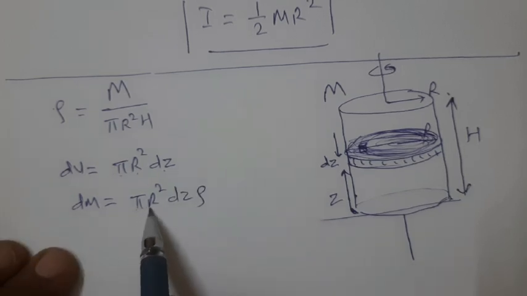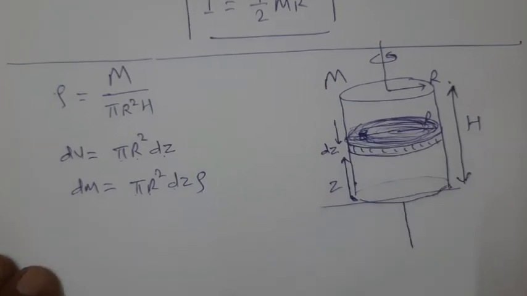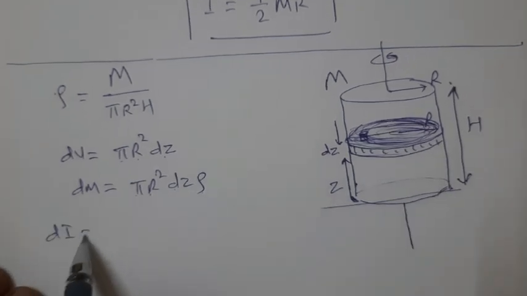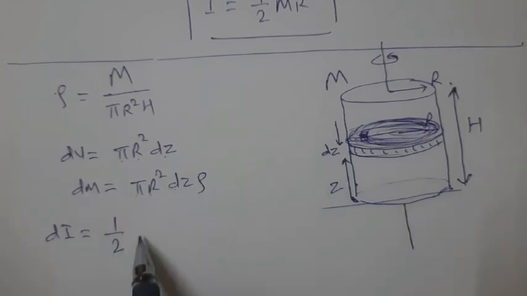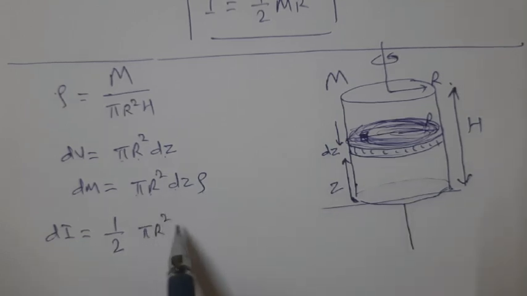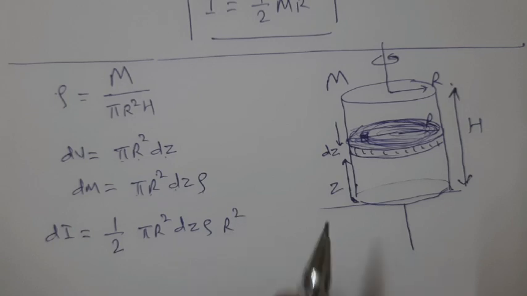Therefore, I can write pi r square dz into rho is the mass of that disk. What is the moment of inertia of this disk? We are aware of the formula for the moment of inertia of a disk, and that is half m, that is the mass of that disk, which is pi r square dz into rho, into r square.